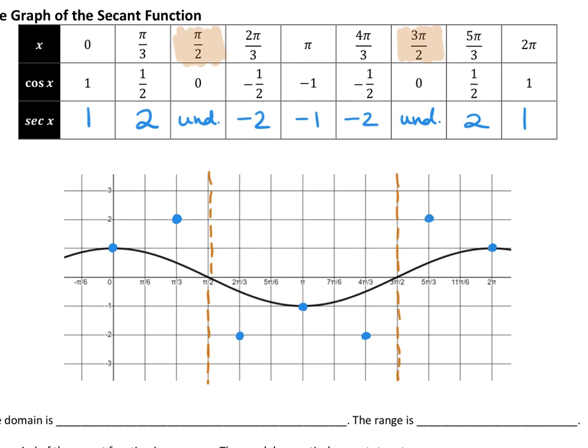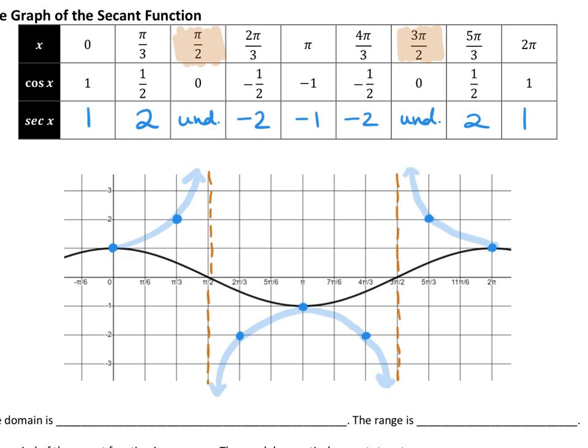What's interesting about this is when I play connect the dots here and connect these points together, it creates, and this is not really good vocabulary, but visually for me, it makes these bowls. And these bowls are the shape of the secant function. This is one period of the secant function. It's the reciprocal of cosine. So I have my cosine function, and I have the reciprocal, which is secant, graphed with it.